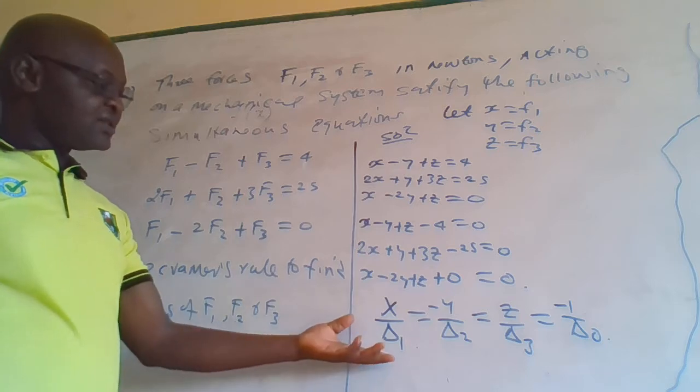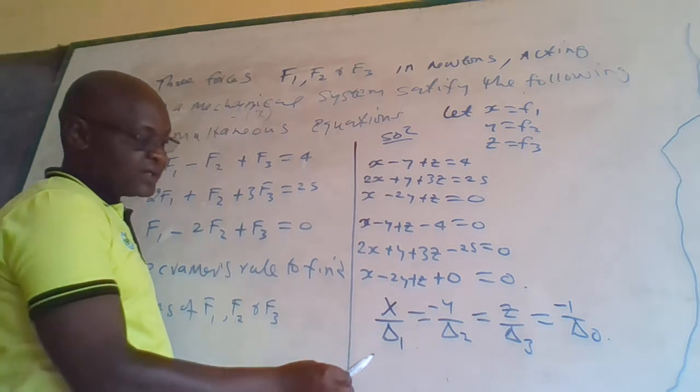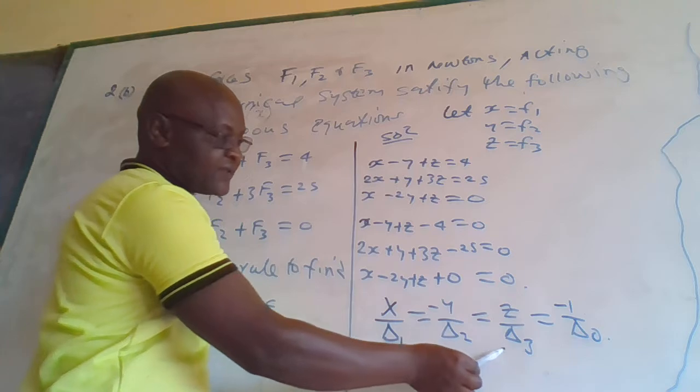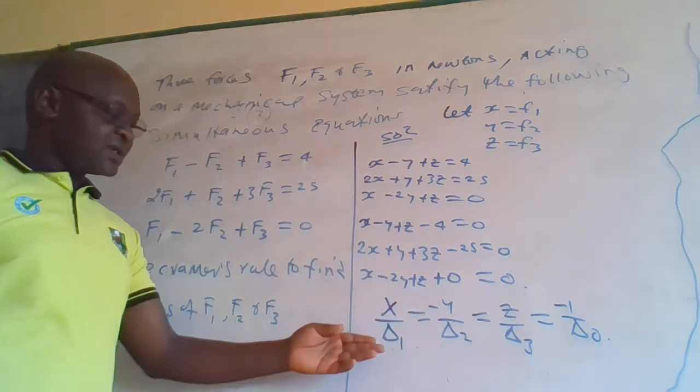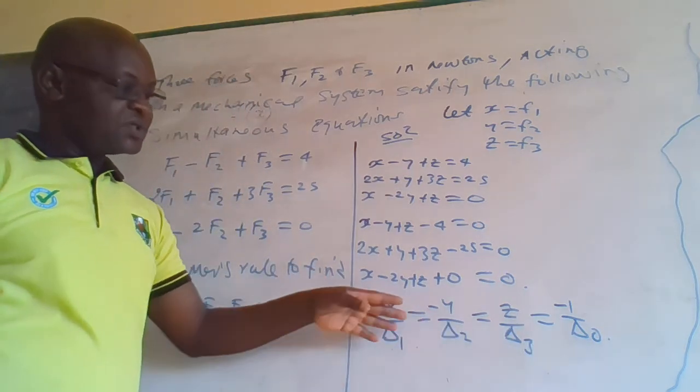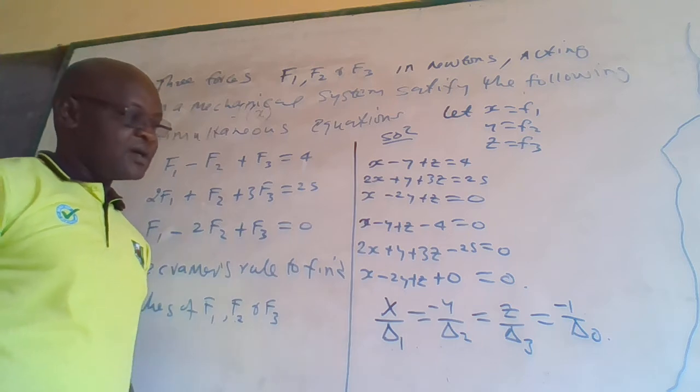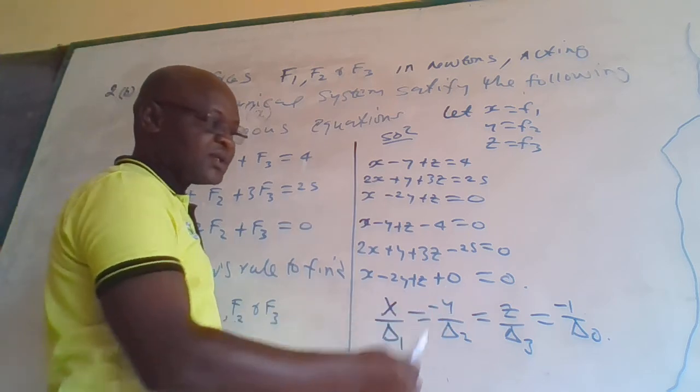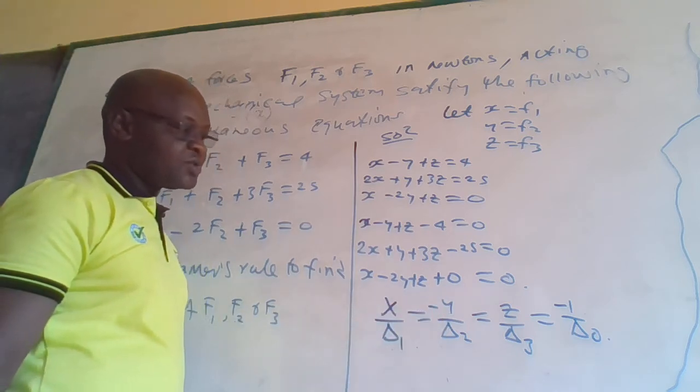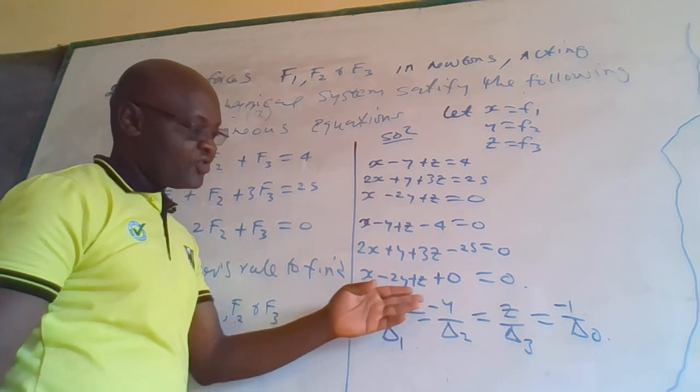Therefore, we need to find the values of del 1, del 2, del 3, and del 4. Once we get the values, we just insert them in this equation, and then we shall be able to get the values of the unknowns.